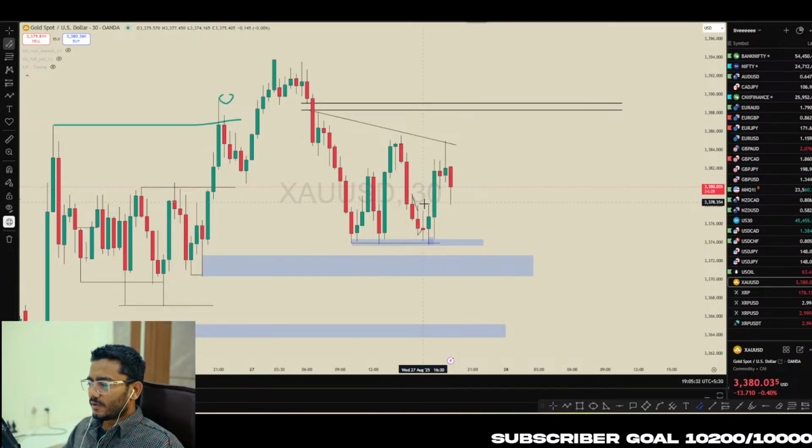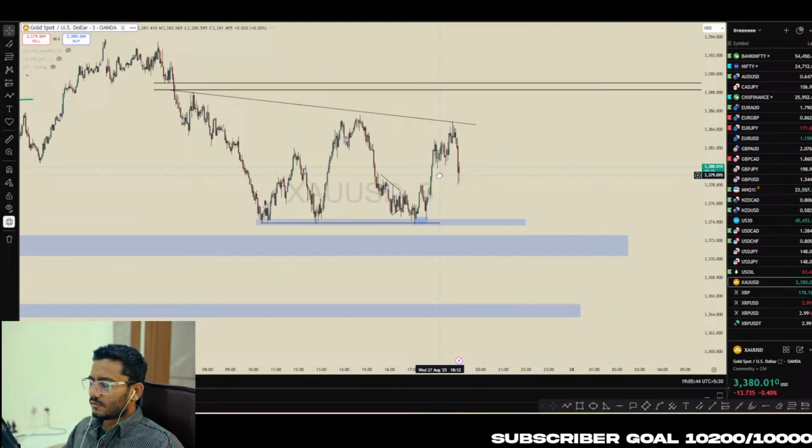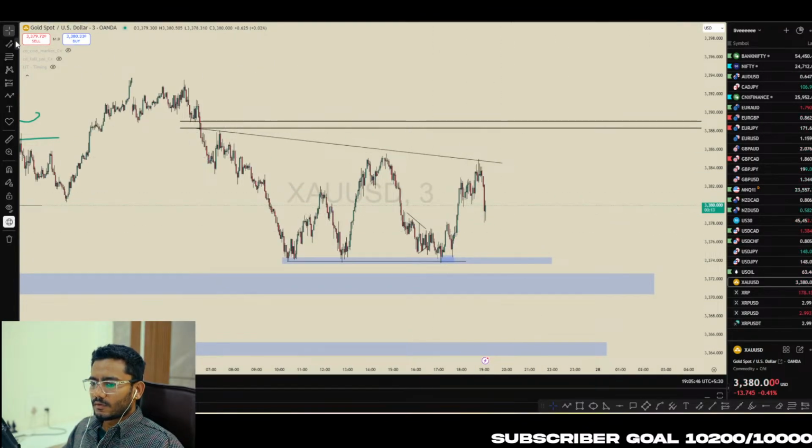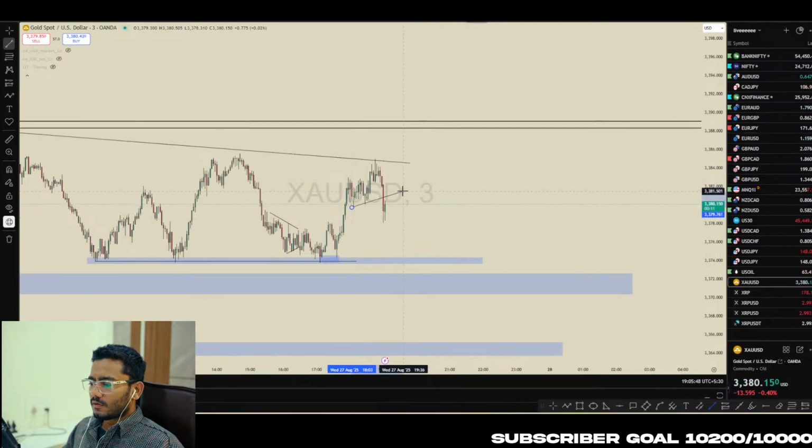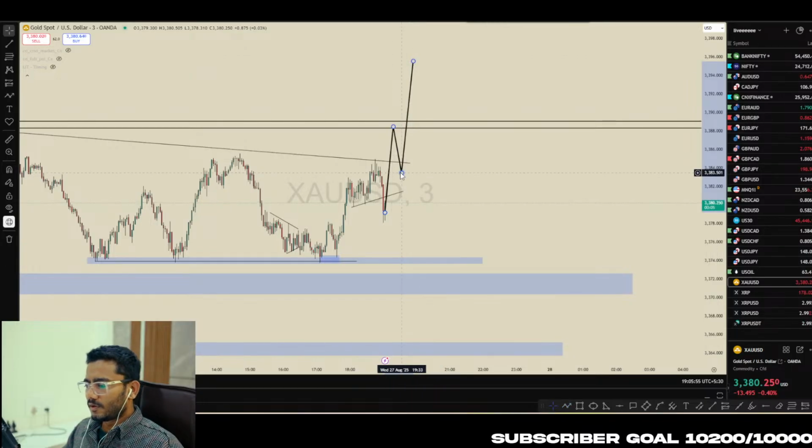Also, there's trend line liquidity, and this is where the price is fulfilling the imbalance. If the second candle continues, then we'll look for a buy side trade over here in continuation. This is a trend line, so we can expect price to break this, and we can look for a continuation trade to the upside from here.